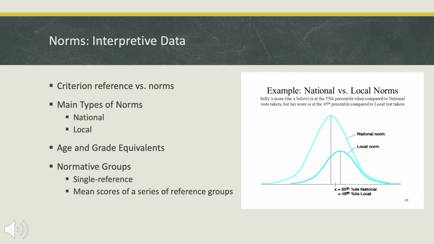Percentiles are different from percentage scores, because percentage scores are the raw scores, like he scored 98%, so they're expressed in terms of correct items. Percentiles are derived scores.